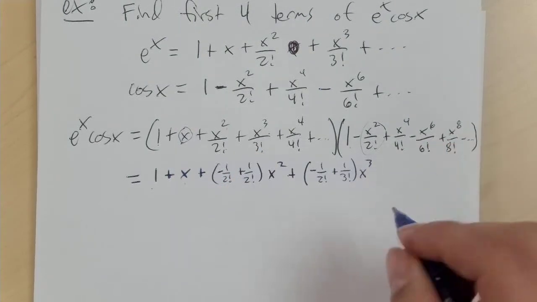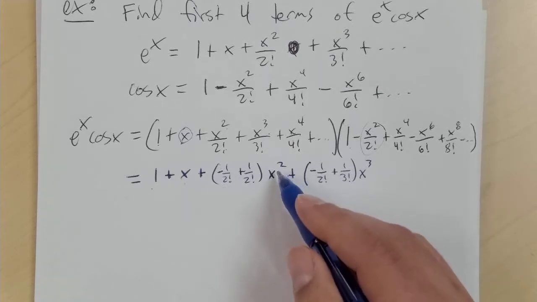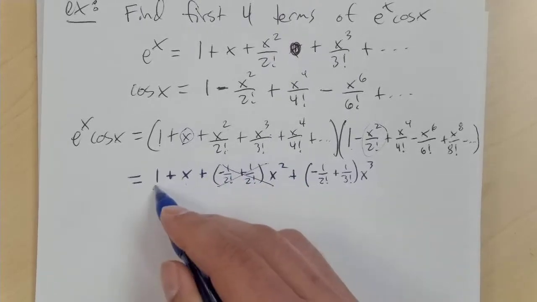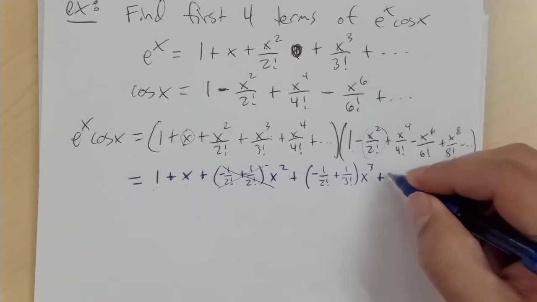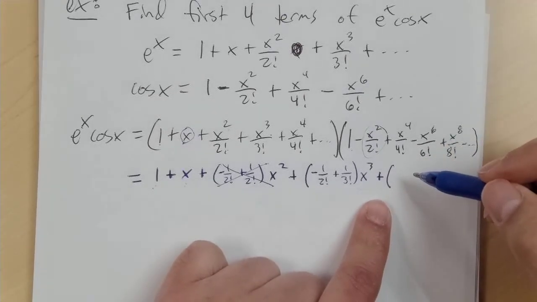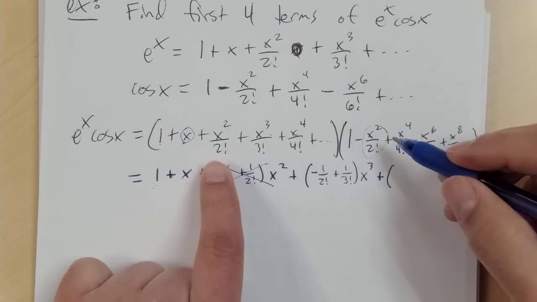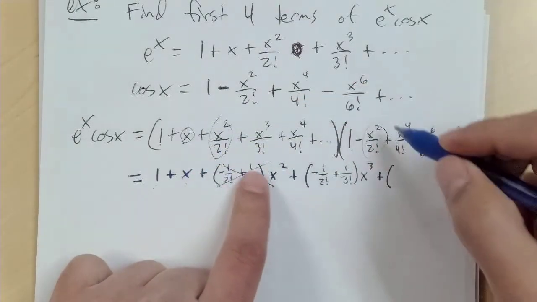And I'm going to go one more because even though technically these are the first 4 terms, the x squared term cancels out entirely, because the coefficient is just going to be 0. So I have 1, x, and the third term right here. I'm just going to figure out the next one. So where do I get x to the 4th from? Well, I'm going to get x to the 4th from x squared times x squared.